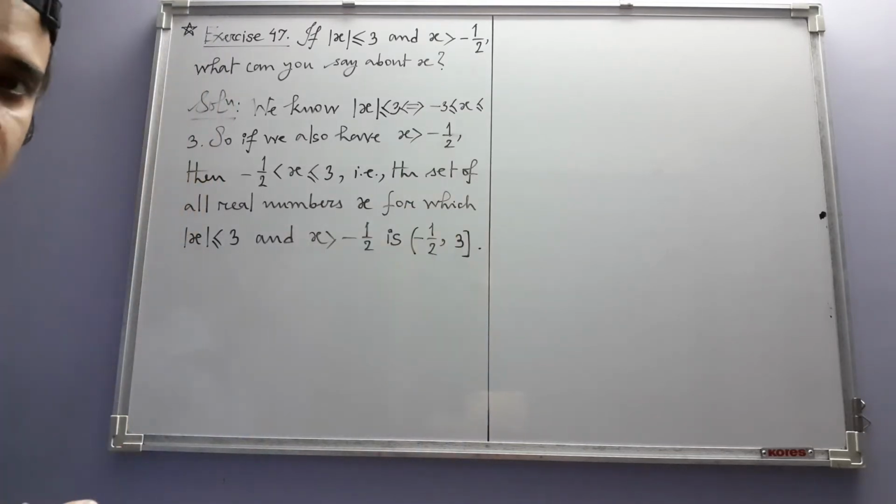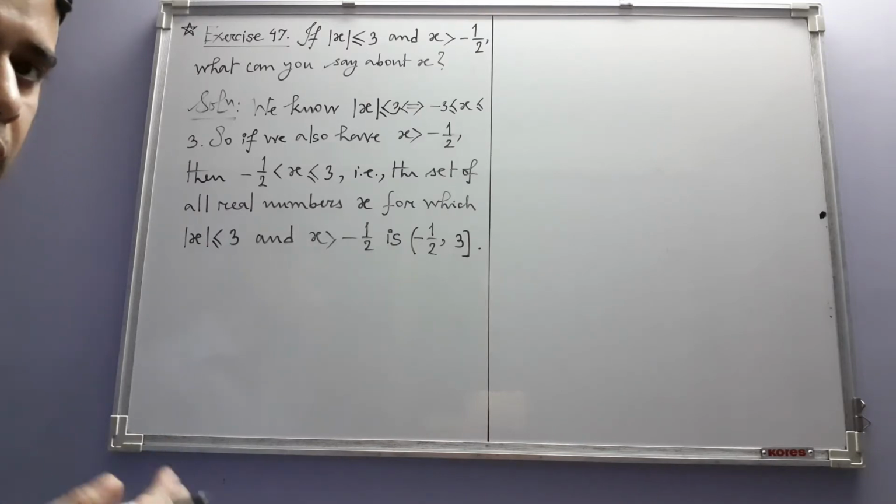That is, it can take the value 3, but it will not take the value -1/2.